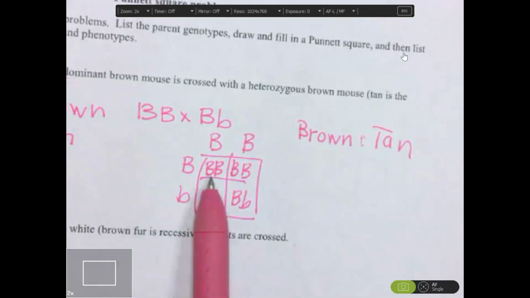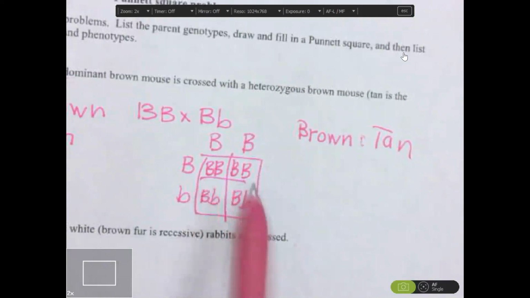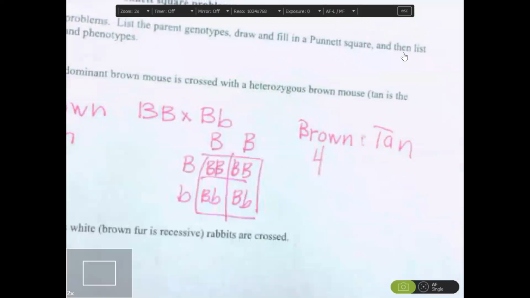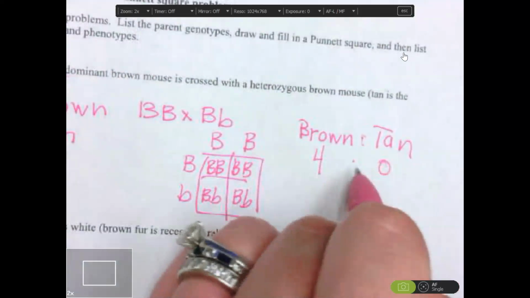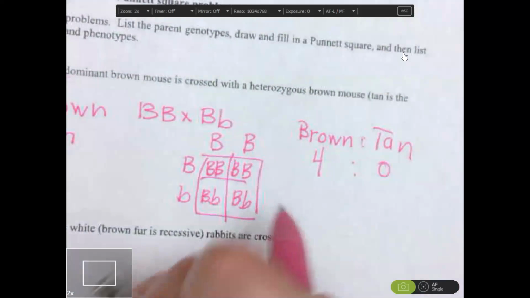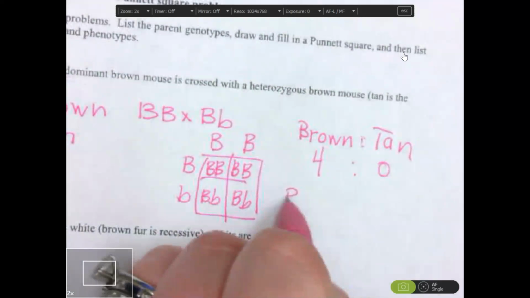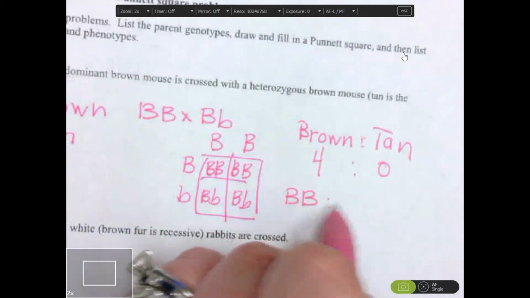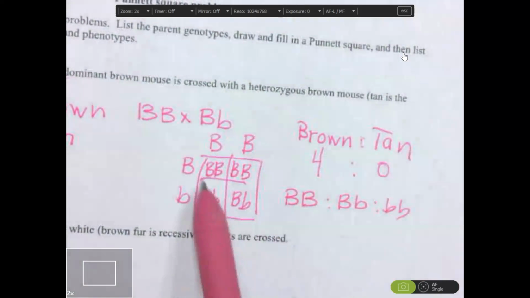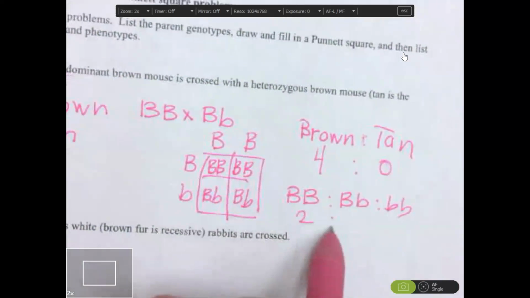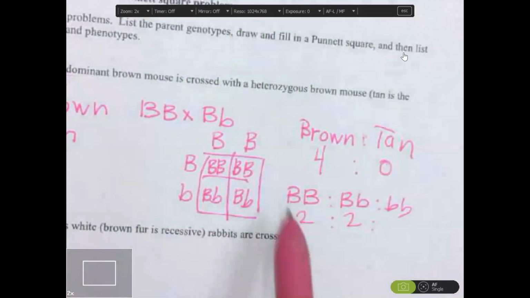Knowing that this B is dominant, I know I'm going to have 4 brown and none of them are going to be tan. Now I'm going to do my genotypic ratio. I'm going to look at how many big B's: I have 2. How many heterozygous? I have 2. And how many homozygous recessive? I don't have any.